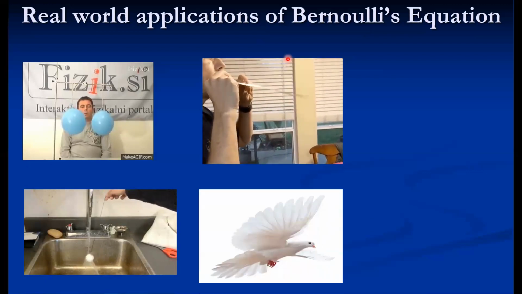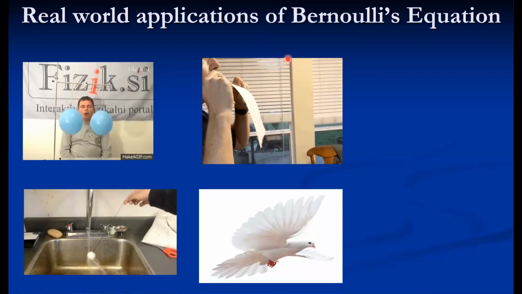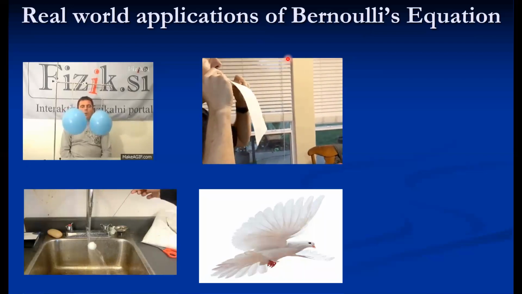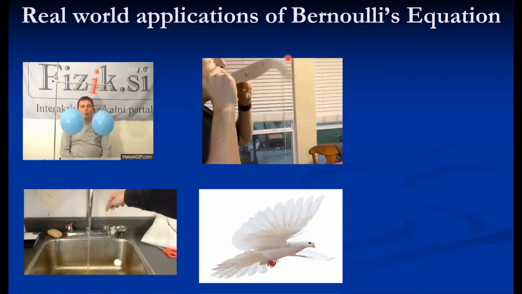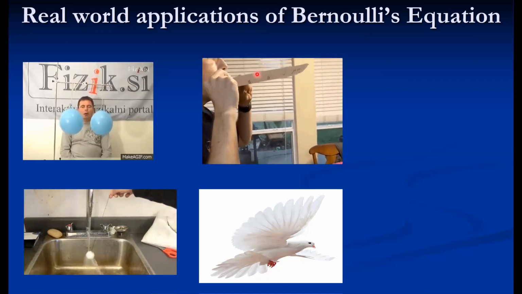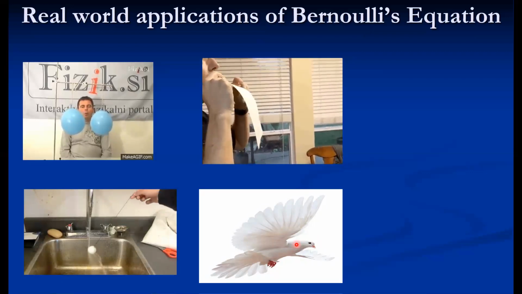That is Bernoulli's equation. The flying of birds or aeroplanes is also based on Bernoulli's equation. Because of the pressure difference, the bird can fly and take lift from the ground level.